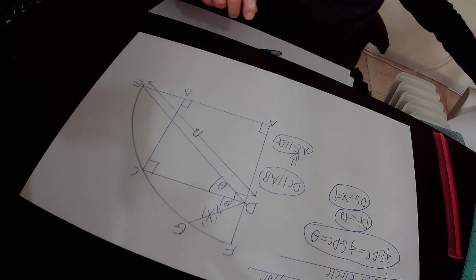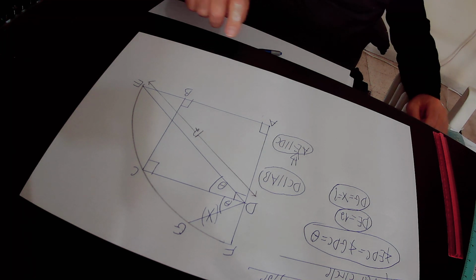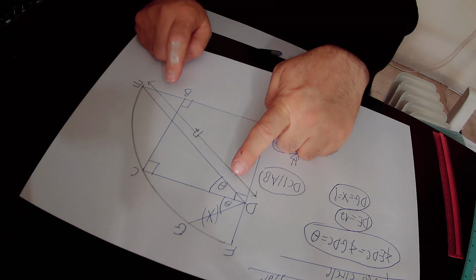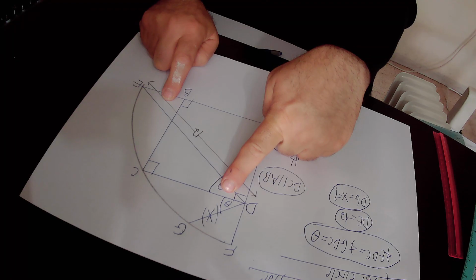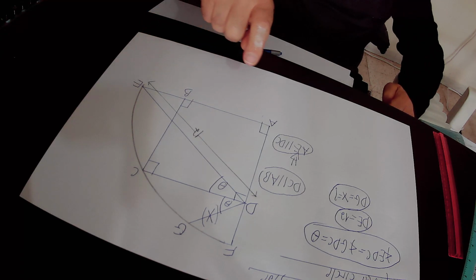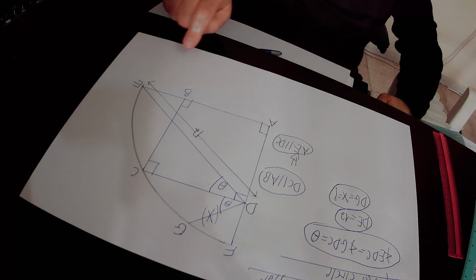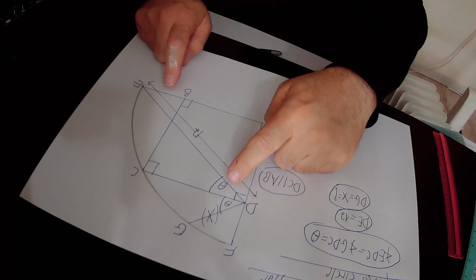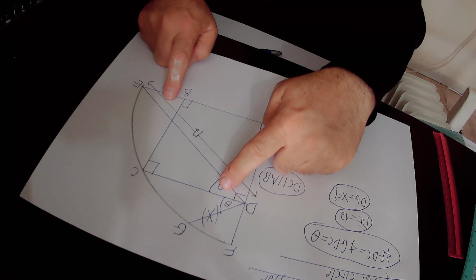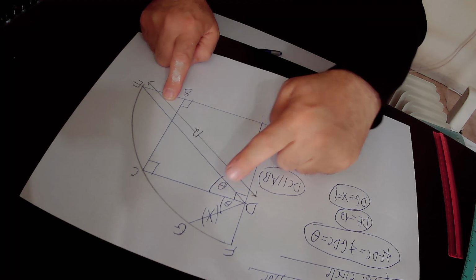In our drawing, we have those two angles. They are defined as alternating angles, and they are located between the parallel lines DC and AB, and therefore they are equal to each other. So those two angles are equal according to rule 15.